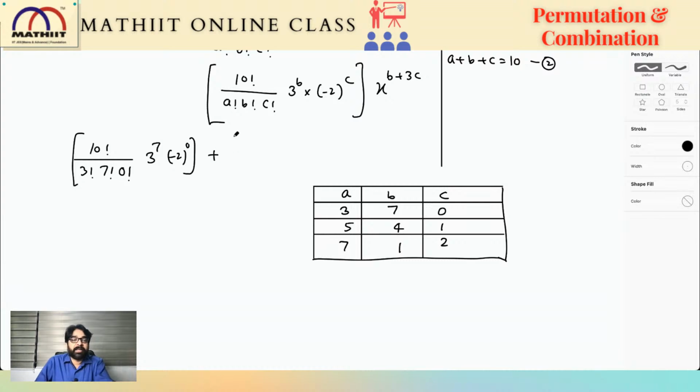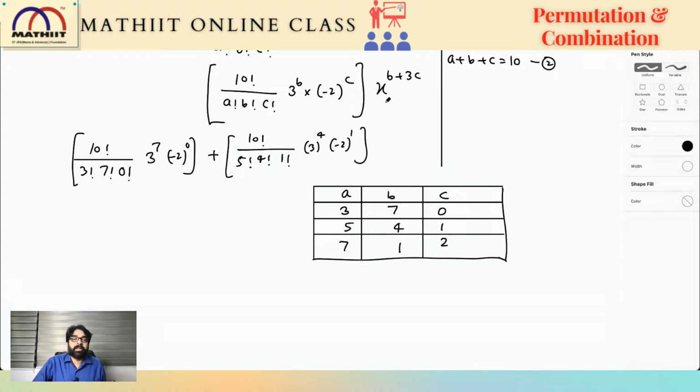Or x power 7 is also contained when a equal to 5, b equal to 4, c equal to 1. That is 10 factorial by 5 factorial, 4 factorial, 1 factorial, into 3 power 4 and minus 2 power 1.